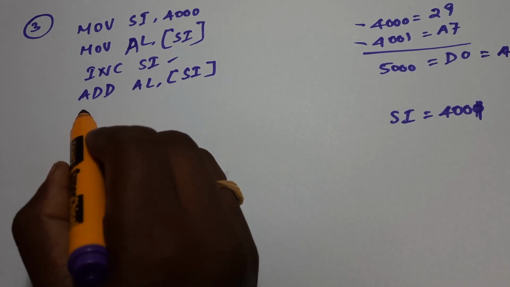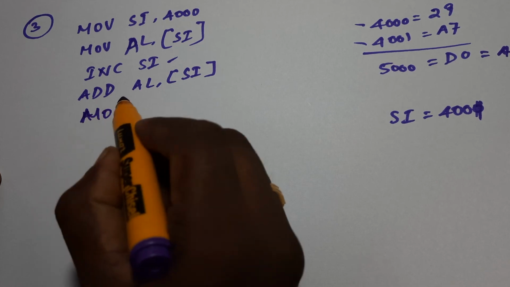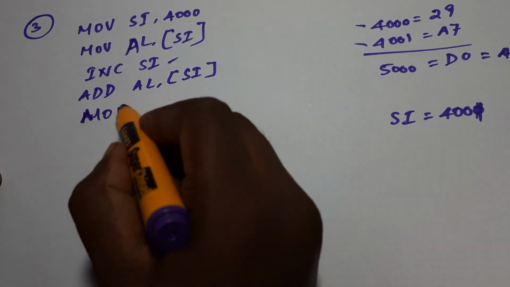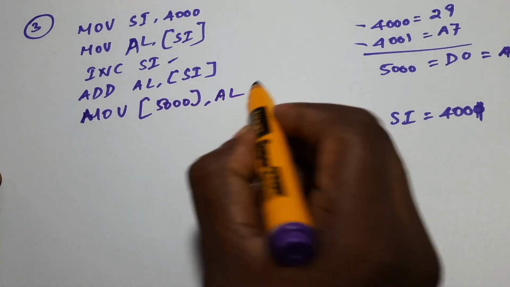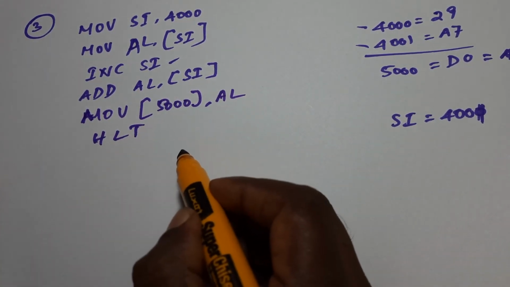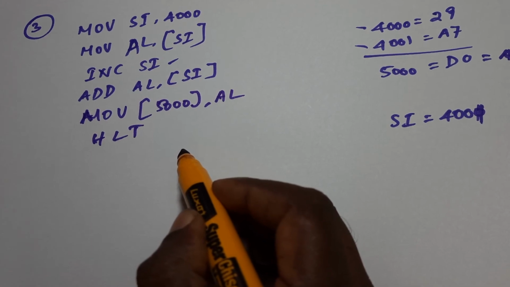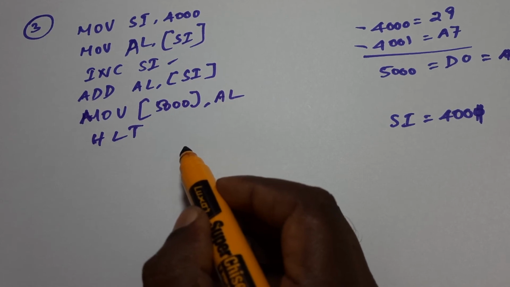Now we can use register indirect addressing mode or direct addressing mode. So MOV 5000 comma AL, HLT. This is a way we can write this program, which is register indirect addressing mode.